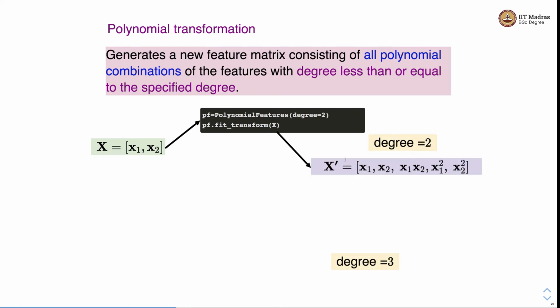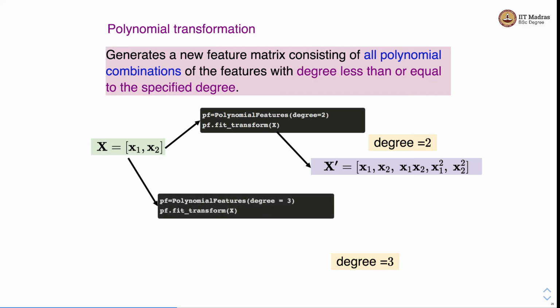So what happens is we get the degree 2 transformations here, which is x1 copied over as it is, x2 copied over as it is, then we have x1 x2, x1 squared, x2 squared. In addition to that, we also get a value of 1 here, which is not shown in this particular representation.